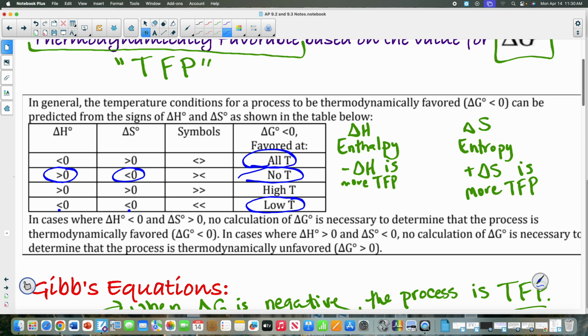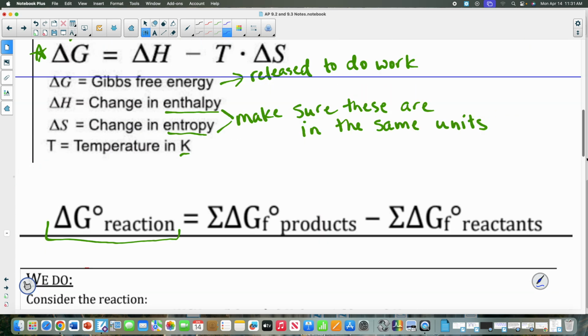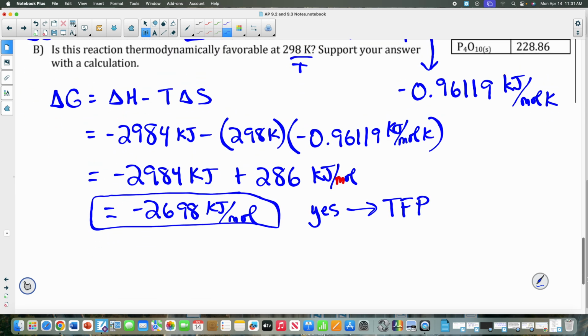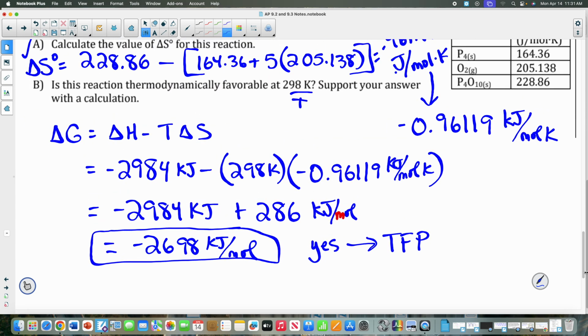That chart is really difficult to understand, but it can all be figured out mathematically, which is always my preference anyway. So in this case, we had a negative value for delta H, that's favorable.